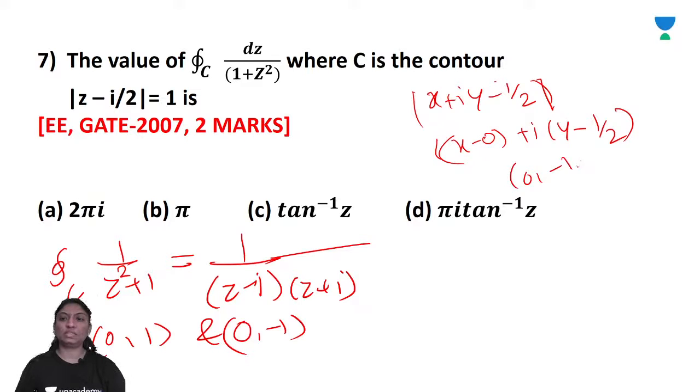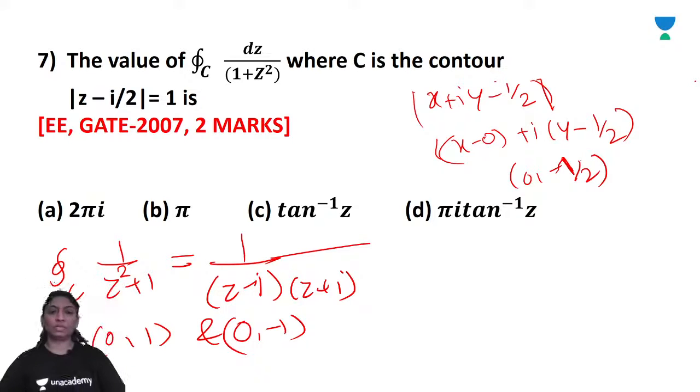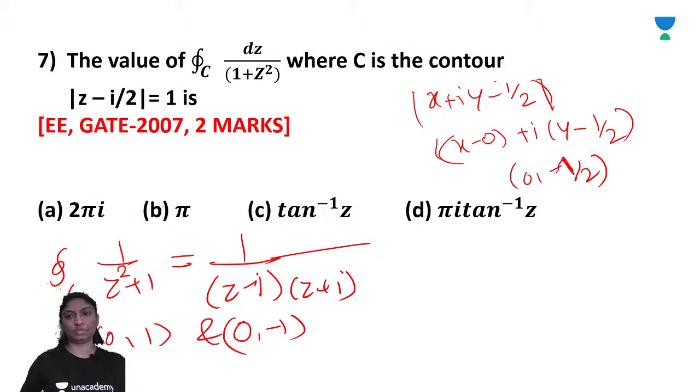So the pole (0, 1) definitely lies inside the curve C, while the pole (0, minus 1), that is minus i, lies outside the curve C, because this is a circle with center at (0, 1 by 2) and radius 1, right?